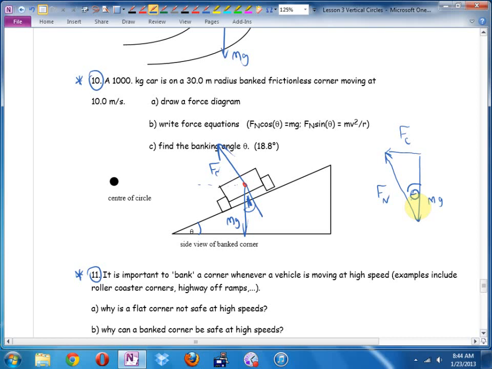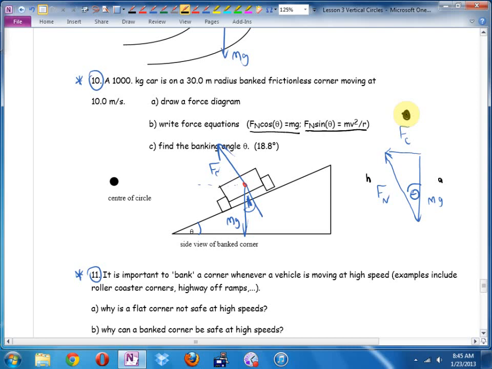It says write the force equations, so do you get, let's see, adjacent over hypotenuse, if you want to relate gravity to the normal force, is it cosine? Yep. If you want to relate the normal force to circular motion, is it sine? Oh, that's an O, Mr. Dewick. Yep.